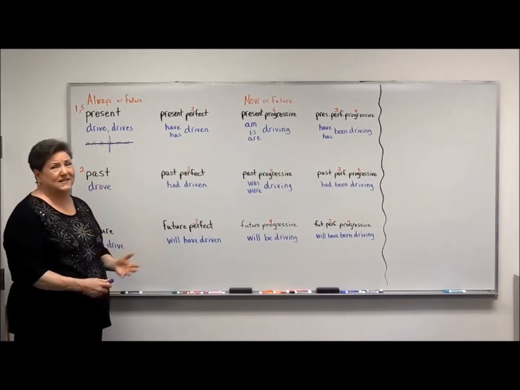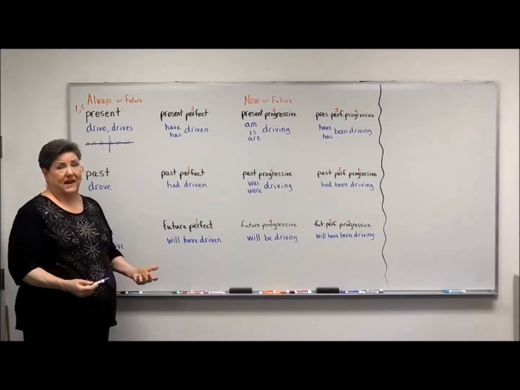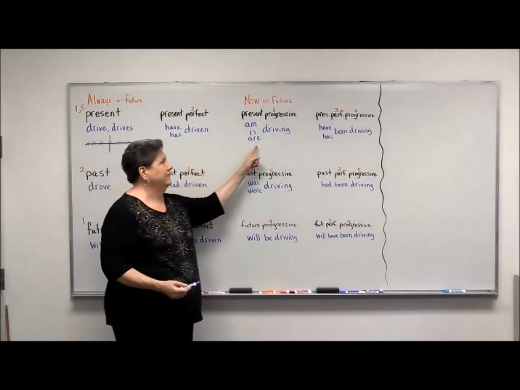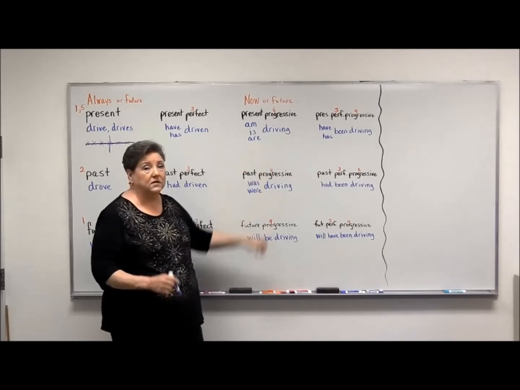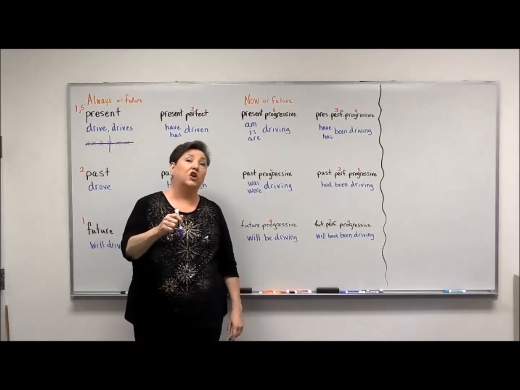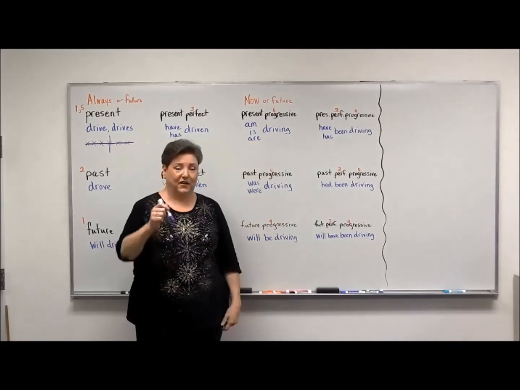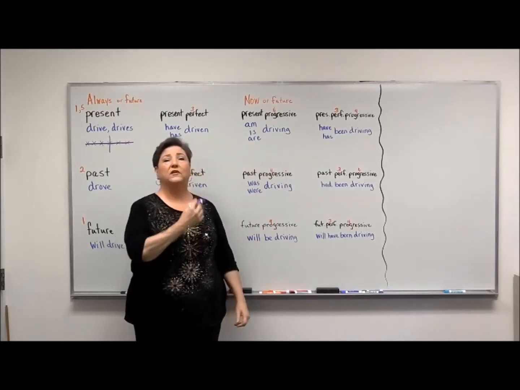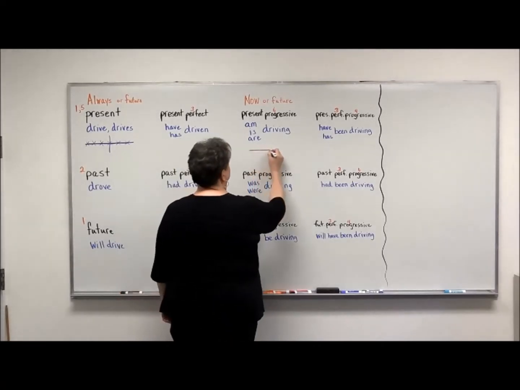So if the present tense doesn't mean now, then which tense means now? The present progressive. When we want to talk about things we are doing, did you hear me use present progressive? Are doing? Things we are doing right now, we use the present progressive. So your timeline should look like this.